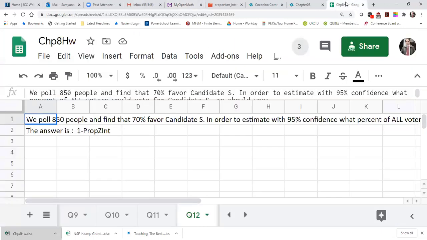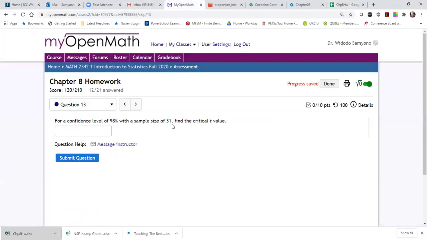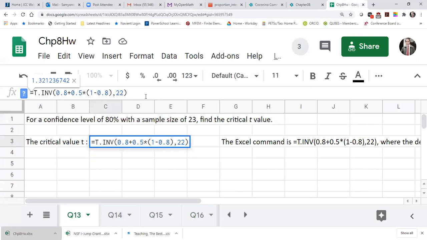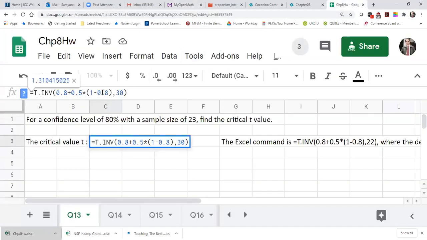So go to number 13. This one is the degree of freedom, right? If you have 23, you need to put 22. In your case you have 31, so the degree of freedom will be 30. This one is 30, and the confidence level here is 98%, so you need to change this to 98%.